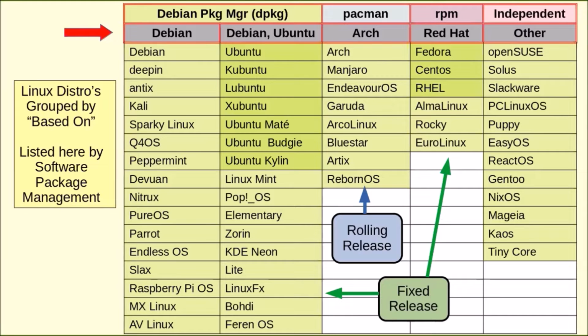They want to update the day after it's done. So they have a rolling release where every day, if something changes, you immediately get it. The difference is that in a rolling release, sometimes things can go wrong a lot more often than a fixed release. So typically, if you're doing a rolling release, you need to have a little experience of how to fix things that go wrong.